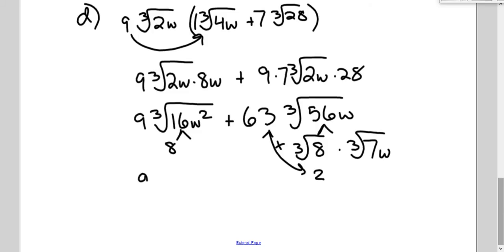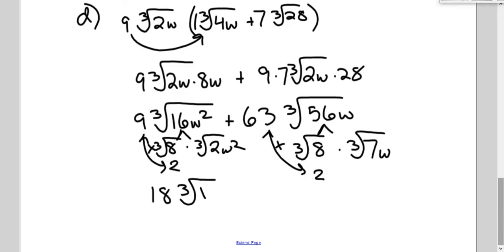So this is the cube root of 8 times the cube root of 2w squared. So then 2 multiplied here. Oops. So that leaves me with 18 cube root w squared plus 126 cube root 7w.